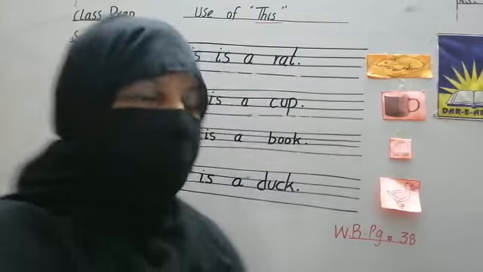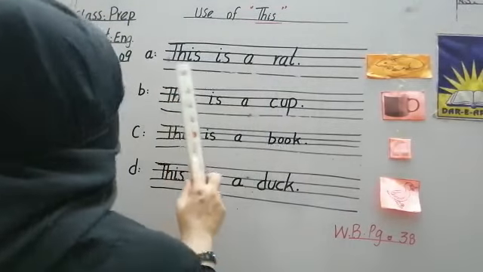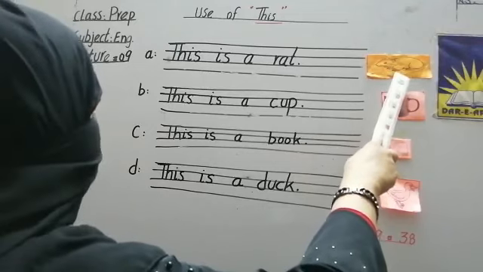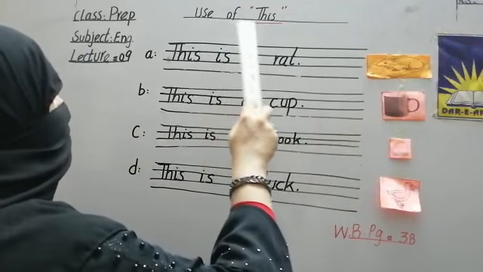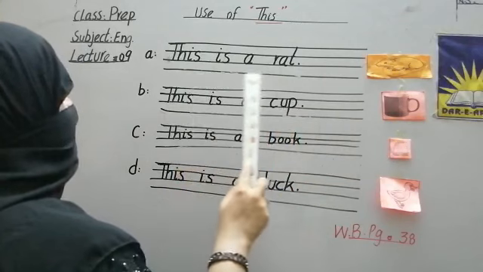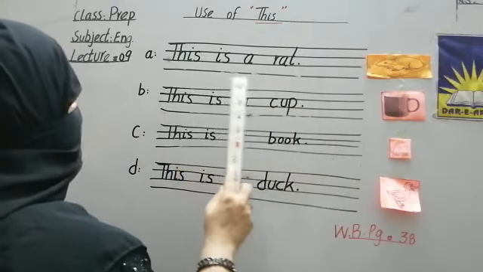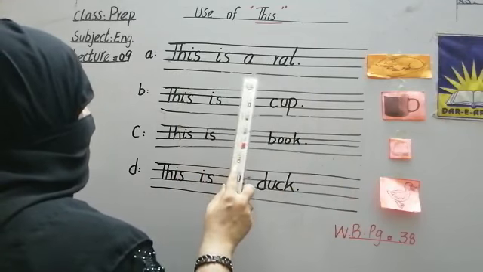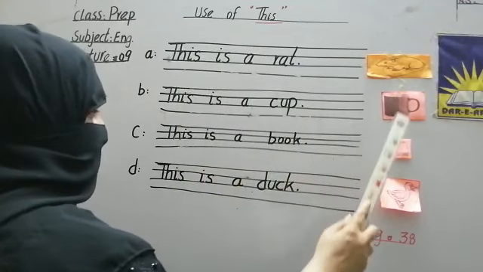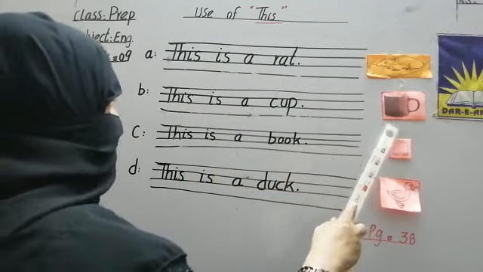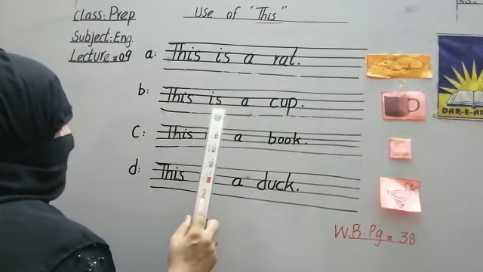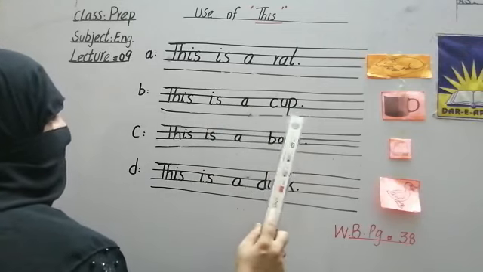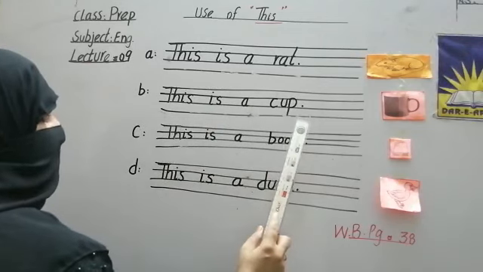Are you ready? Good. Number one. Yes, picture of rat. And we make a sentence by using this. This is a rat. Good. Yes, cup. This is a cup.